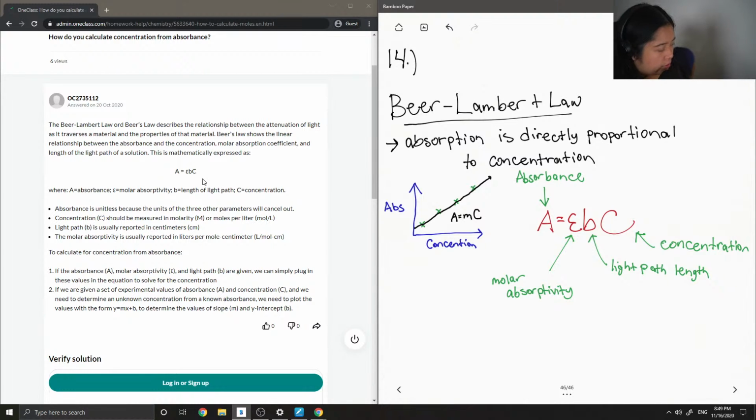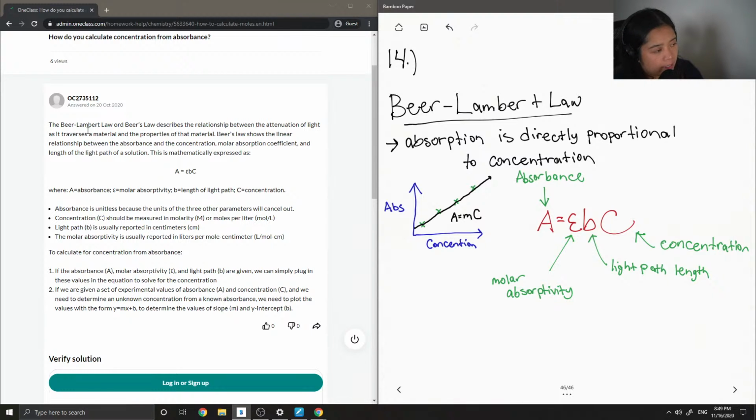So let's see what the junior tutor said. The Beer-Lambert law, or Beer's law, describes the relationship between the attenuation of light as it traverses a material and the properties of that material. Beer's law shows the linear relationship between the absorbance and the concentration, molar absorption coefficient, and length of the light path of a solution.